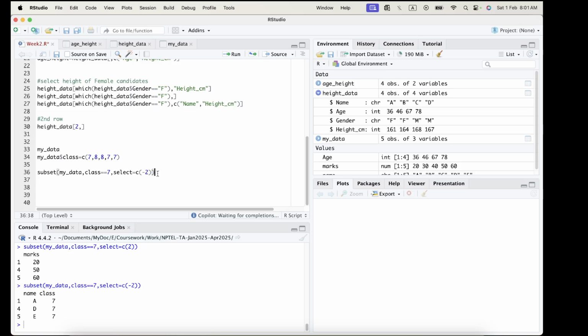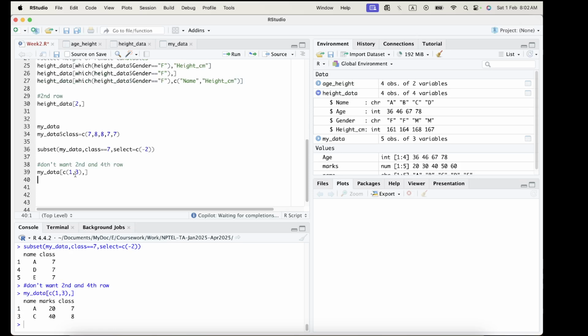So to put it very simply, let's say I don't want specifically the second and fourth row. There are 2 ways to do that. One is, first I just write 1 and 3, since I know there are only 4 rows, and a comma.